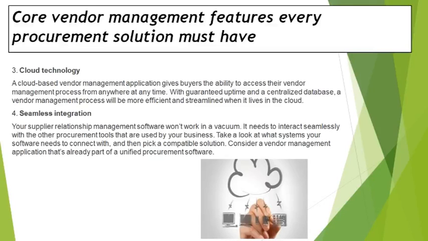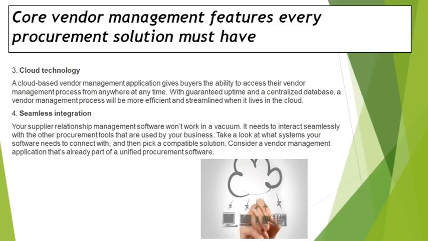Number 3 is cloud technology. A cloud-based vendor management application gives buyers the ability to access their vendor management process from anywhere at any time. With guaranteed uptime and centralized database, a vendor management process will be more efficient and streamlined when it lives in the cloud. Number 4 is seamless integration.